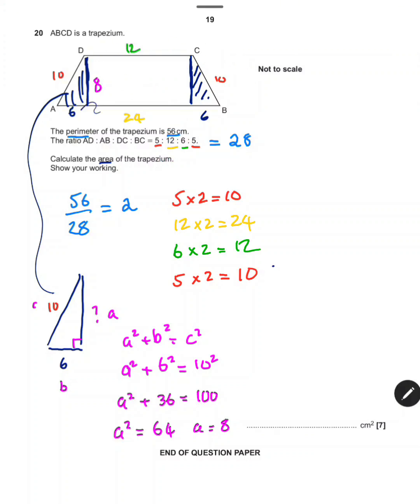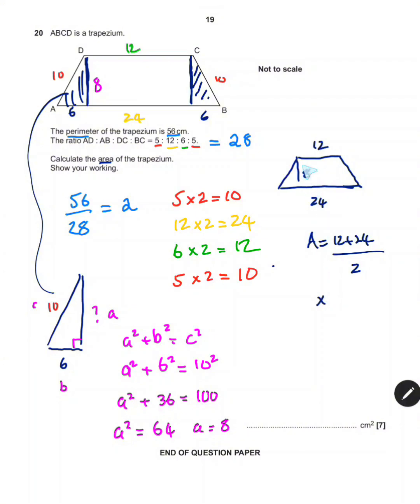We're now ready to work out the area of the trapezium, so I'll just sketch it out over here. We know it's 12, 24, and 8 high. And the area of a trapezium is these two sides added together. So 12 add 24, then divide by 2, and multiply that by the perpendicular distance between them.